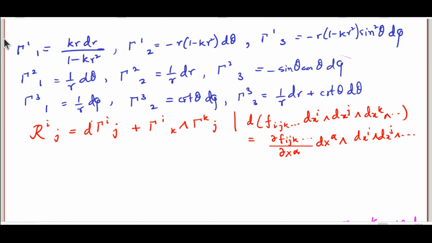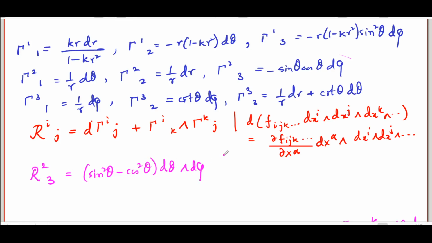Let's just list the non-zero ones from now on. Then you have curly R23. d gamma 23, of course, differentiating the whole thing. This is minus half of sine 2 theta. So that's differentiate pretty easily to give you minus cosine 2 theta, or sine square theta minus cosine square theta, d theta wedge d phi.